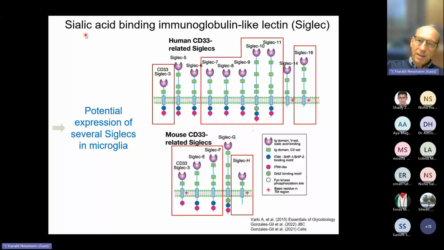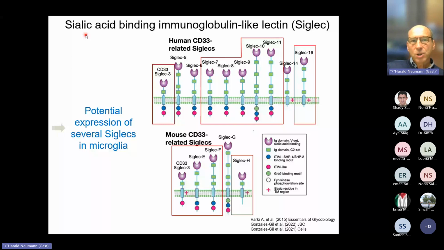They normally recognize the sialylation pattern, so they at least recognize the linkage of the sialic acid to the underlying sugars, and they normally also recognize two or three sugars, carbohydrate molecules, monosaccharides below the sialic acid.